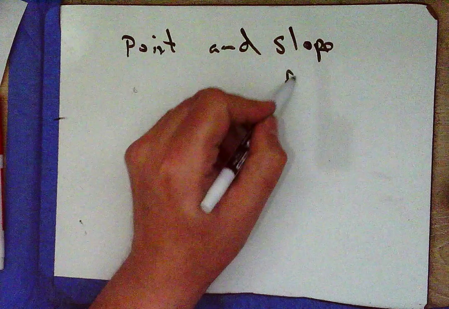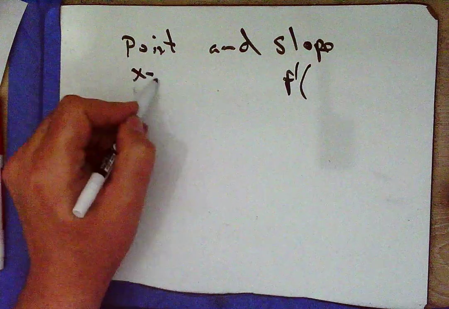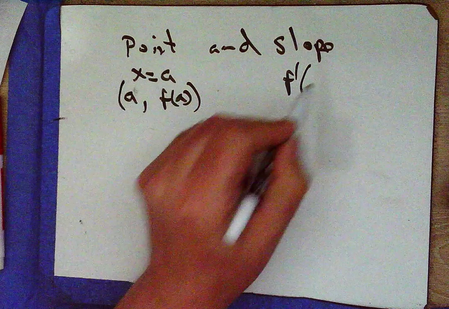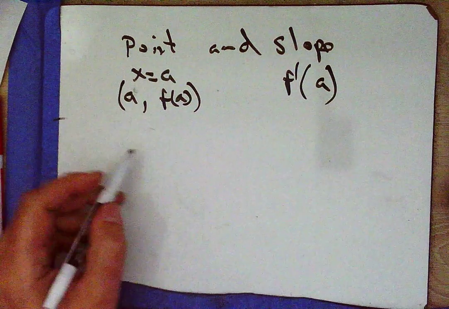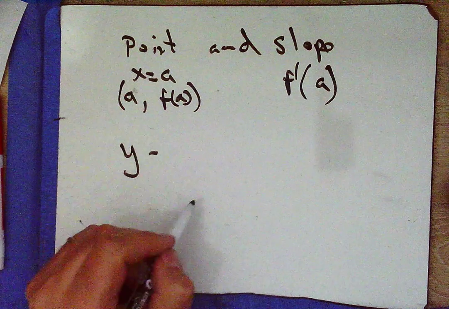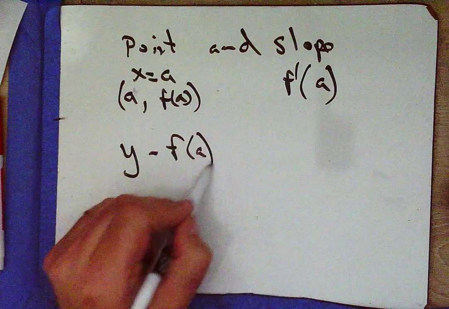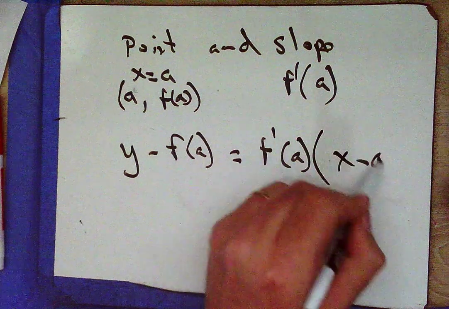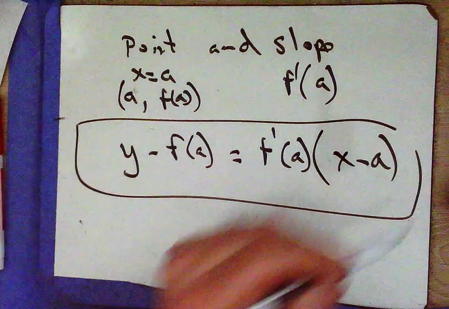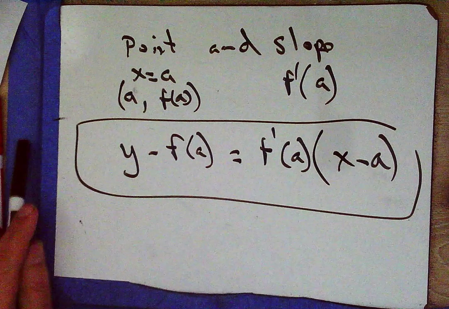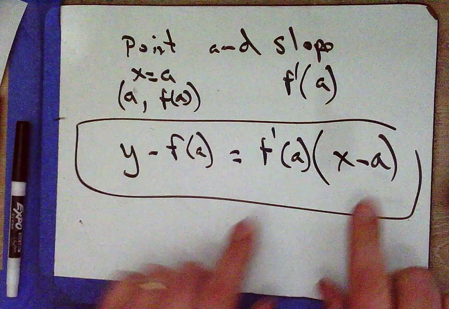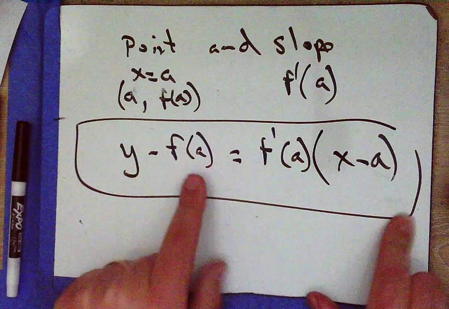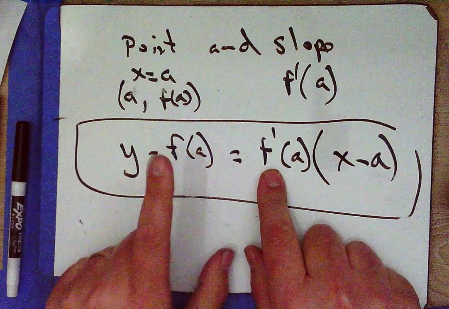And that slope is f prime of a. And then we can write our tangent line equation as y minus f of a equals f prime of a times x minus a. That's our tangent line equation in its most general form, right? So I have to plug in at what point for all these a's, and then I have to actually figure out what f prime of a is and what f of a is.